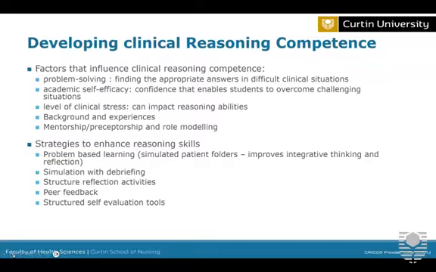Your background and experiences will also influence your clinical reasoning competence development, as will your mentorship or preceptorship and the role modelling that you will undertake.